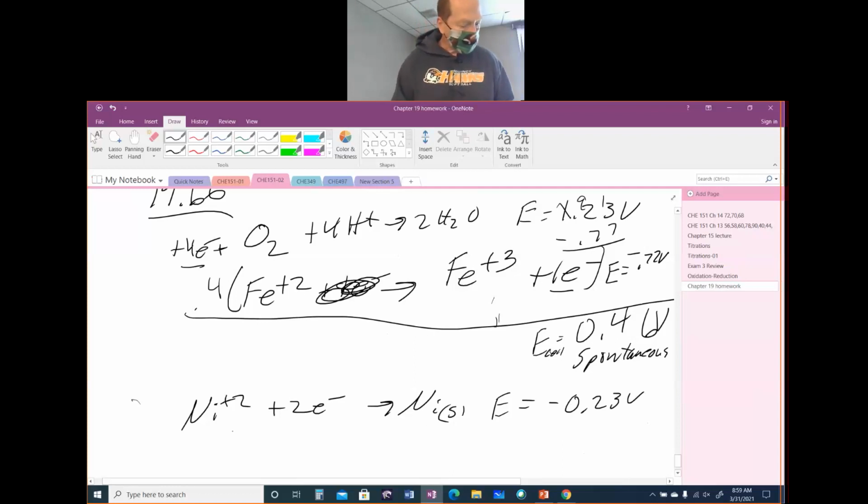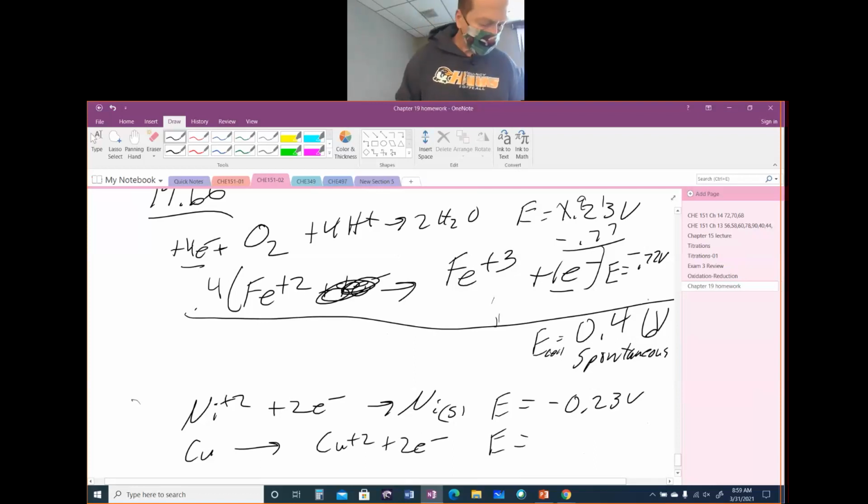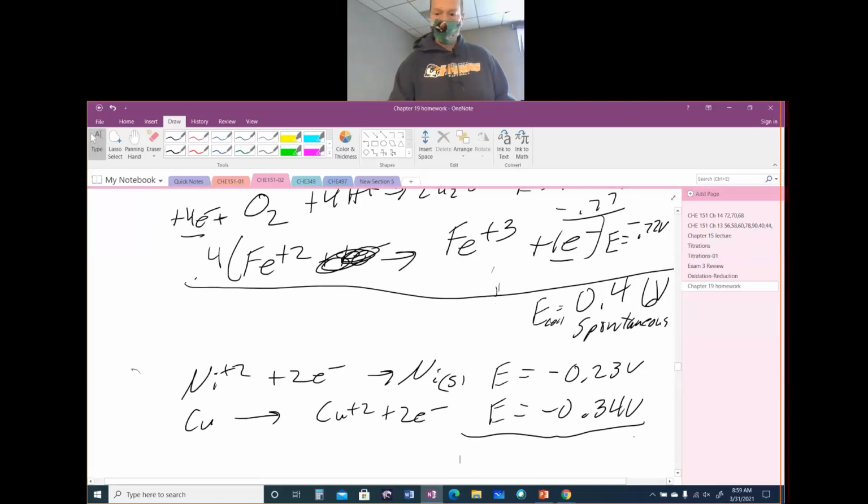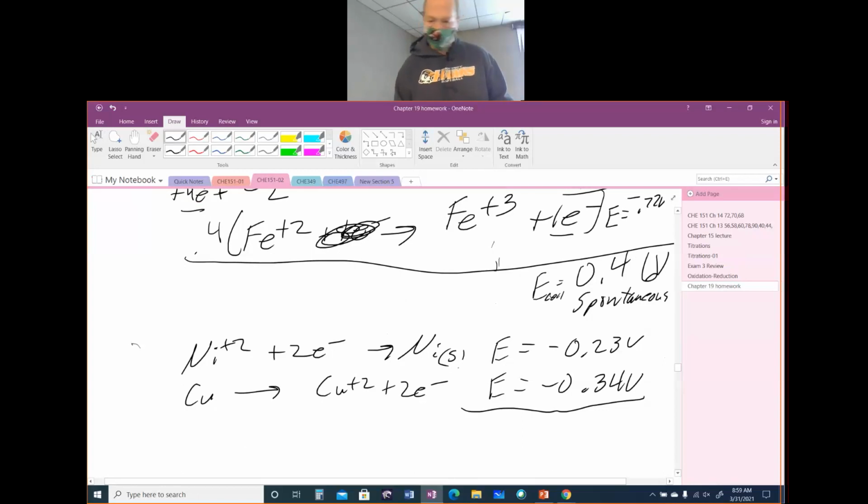All right, and so will copper metal reduce it? If you look at copper metal, it goes to copper plus 2 electrons, the E value for that is the opposite of what it says on the chart because that is an oxidation. So we have a negative 0.34 volts. And of course, when you add up two negative numbers, you get a negative number. And the answer here is no, it will not.